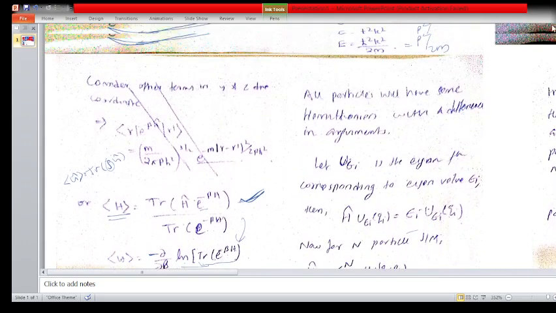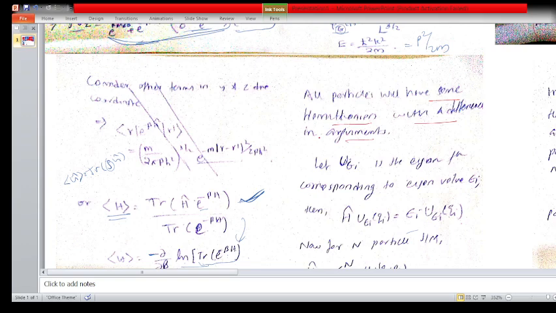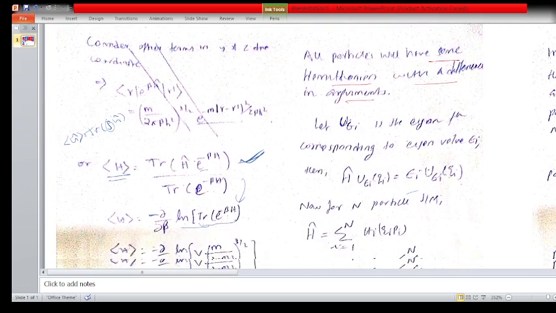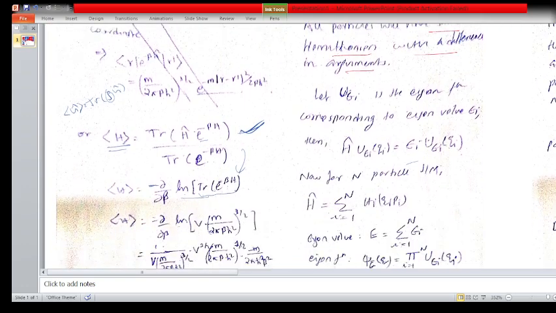All the particles will have the same Hamiltonian form, but the arguments in the bracket will be different, because we are considering N non-interacting, indistinguishable particles.